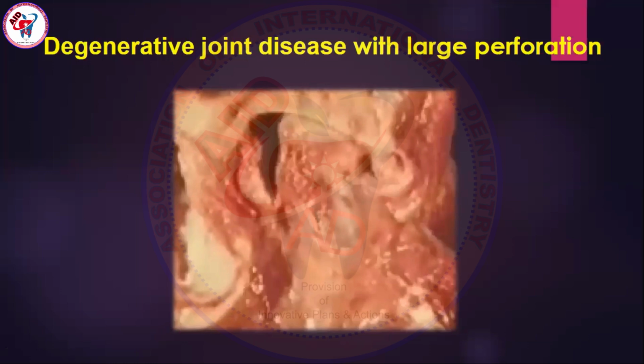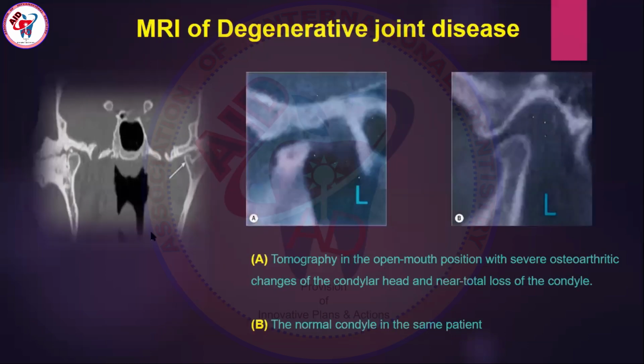The patient is in a very painful condition, cannot talk properly, and that is the very last stage of the degenerative diseases of the condyle. If you see the MRI, you see here the flattening of the condyle. There is no disc, there is nothing there, and the whole condyle is getting abrasion on the surface of the glenoid fossa, which is normal.